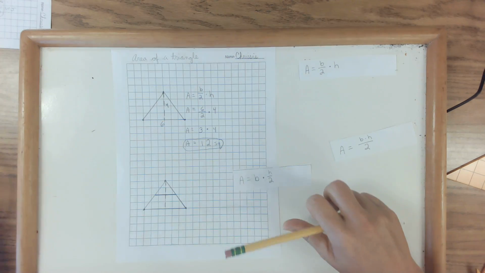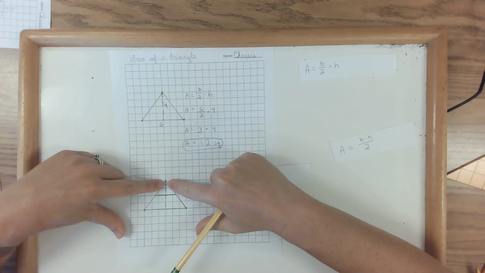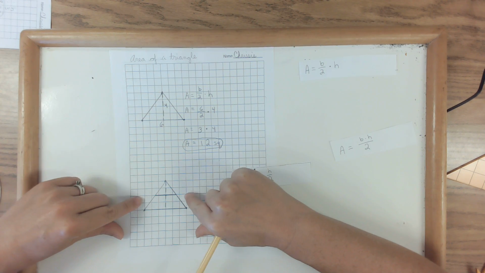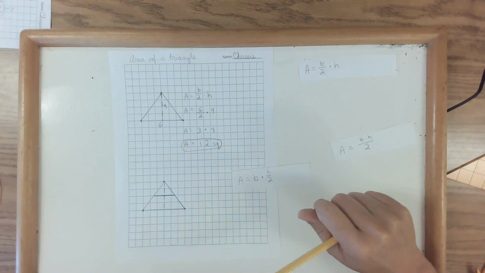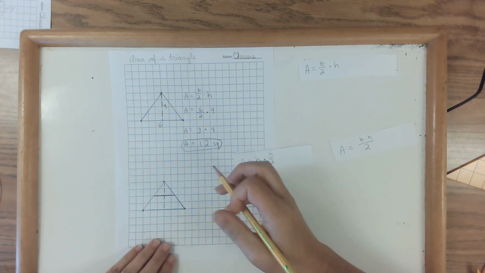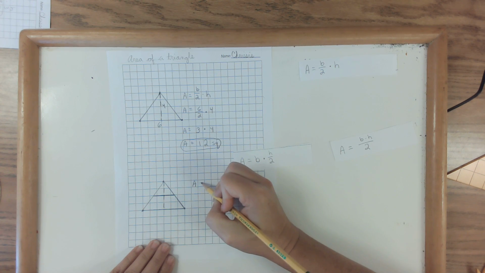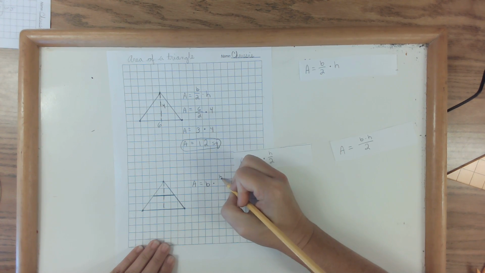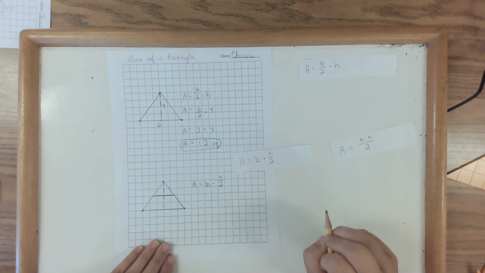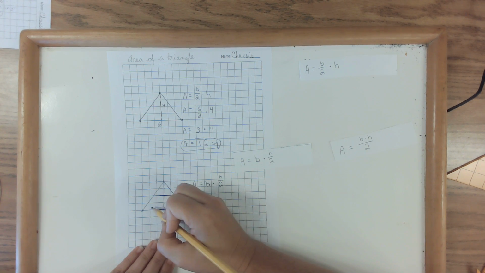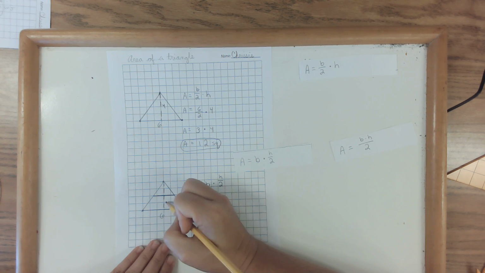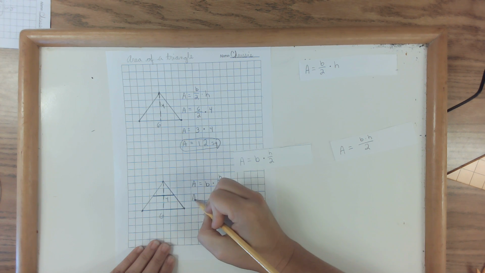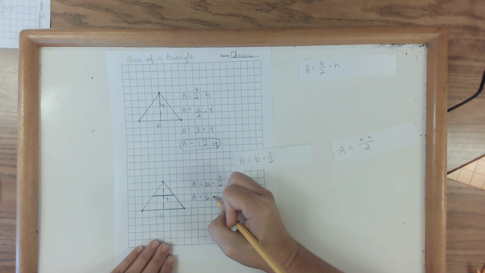So you can see, remember in the other movable piece where these two pieces came down like this. So the formula for this one, A equals base times height cut in half. So my base is 6.